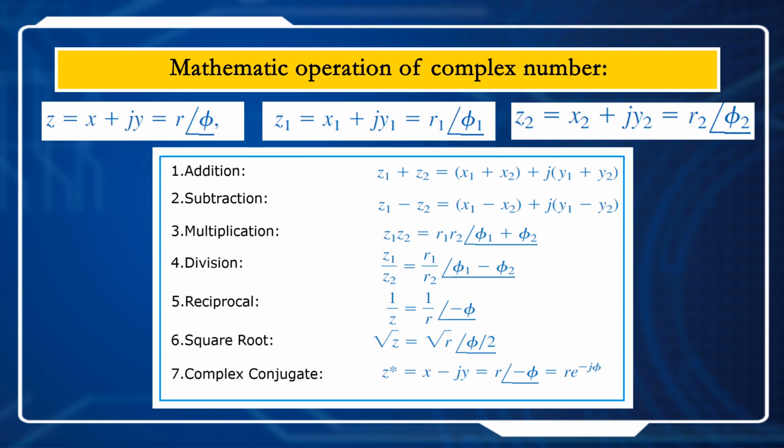The last operation is complex conjugate. The conjugate of z equals x minus jy equals r angle minus phi equals r multiplied by e to the minus j phi power. However, you should know that a phasor is rotating.